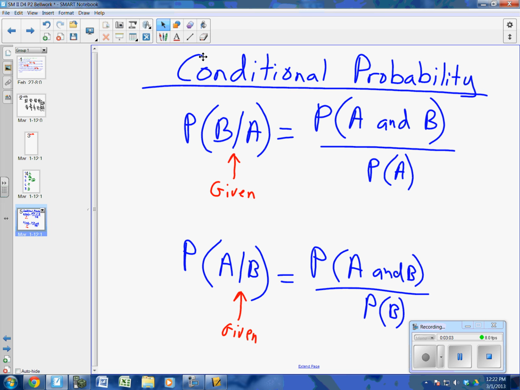Except they give it this different notation: probability of B given that A happened. And this difficult notation allows you to do more difficult problems is all. So it takes dependent probability a step further.